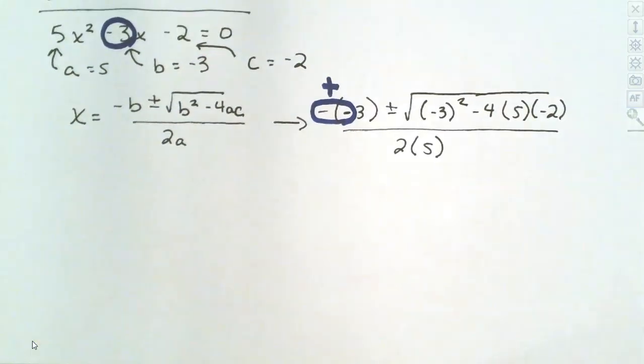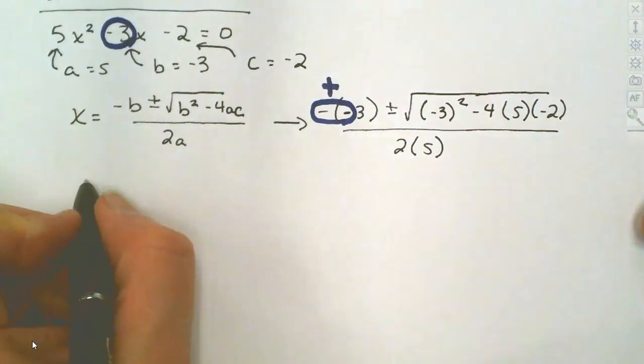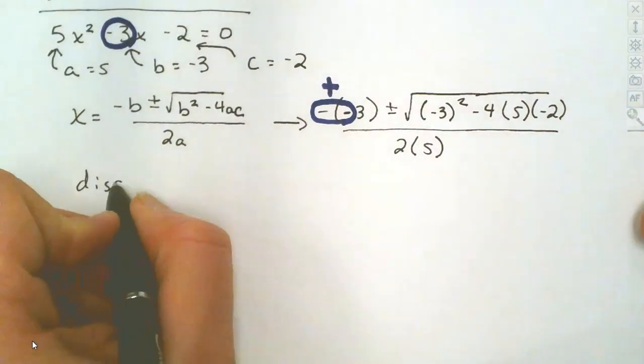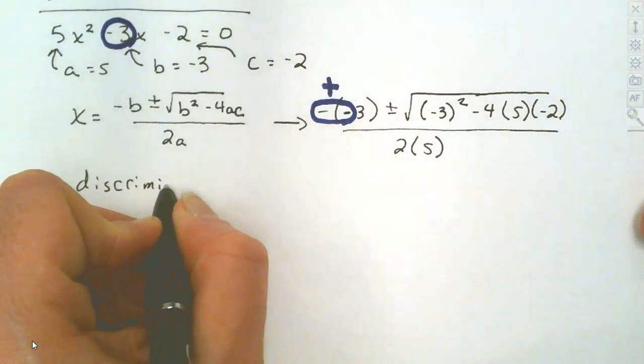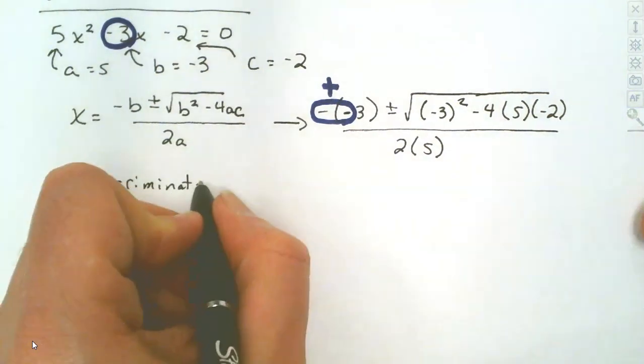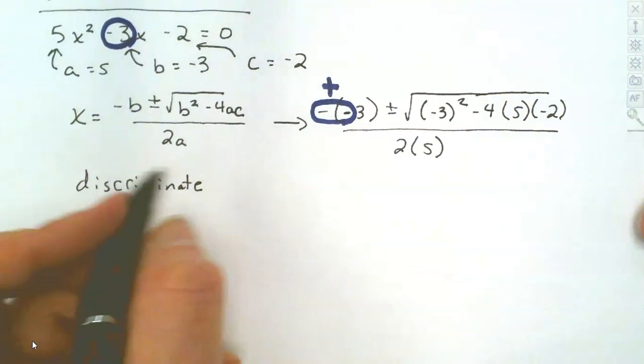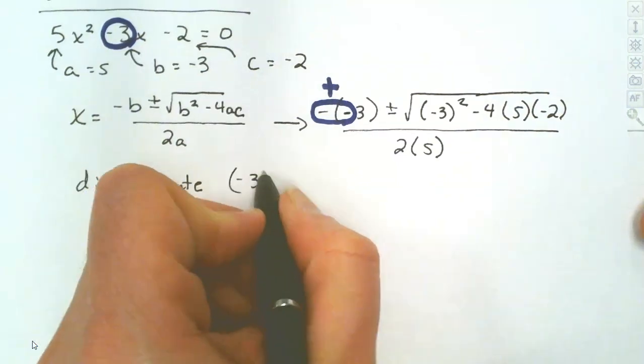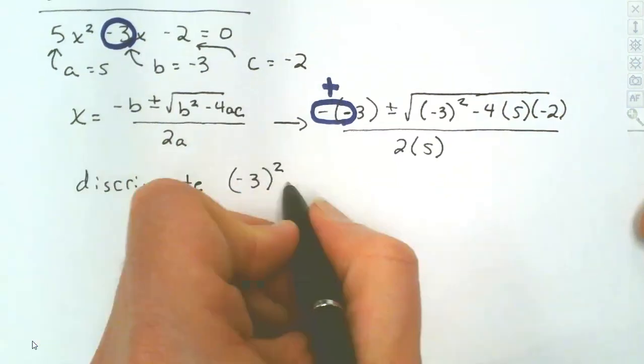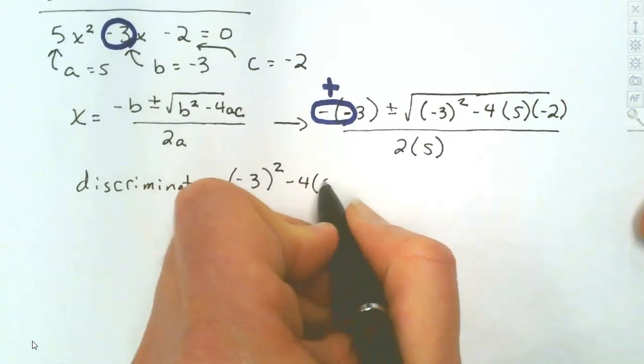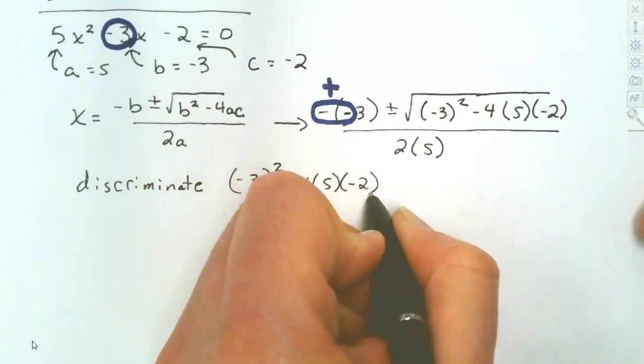So next we're going to break it up into pieces. We're going to work with our discriminant first. And our discriminant is a minus 3 squared minus 4 times 5 times a negative 2.